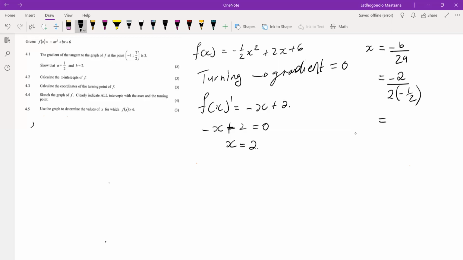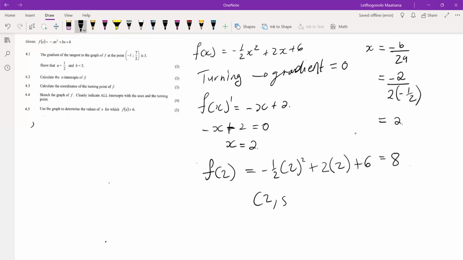And this will also give us a 2. Now that we have the x value, we can go ahead and substitute it into the equation, and we'll get a value of 8, giving us a turning point of (2, 8).